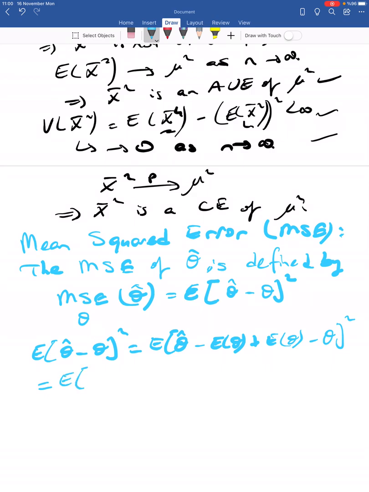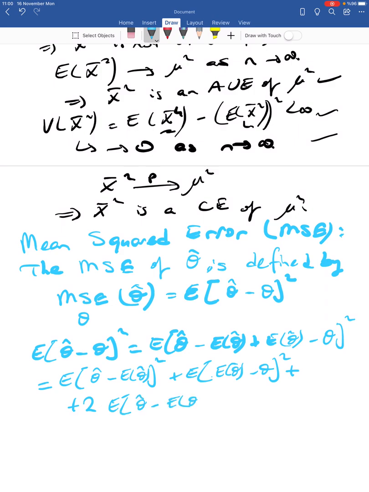Then get expected theta hat minus expected theta hat whole square, plus expected theta hat minus theta whole square. And also add plus 2 times the expectation of theta hat minus expected theta hat, times expected theta hat minus theta.